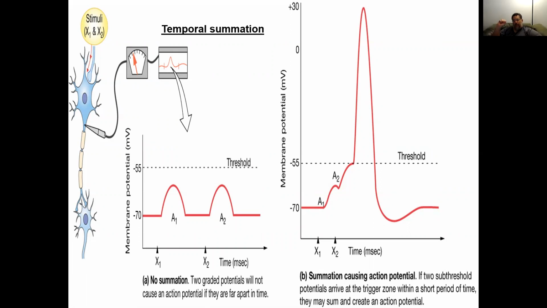When it reaches the axon terminal, perhaps the action potentials are pretty weak, so there's fewer neurotransmitters released. But irrespective, they're opening up the receptors pretty far apart in time. So when the diffusion takes place through the cell membrane, that's the graded potential we're talking about, when it reaches the trigger zone, the axon hillock, it is well below the threshold.